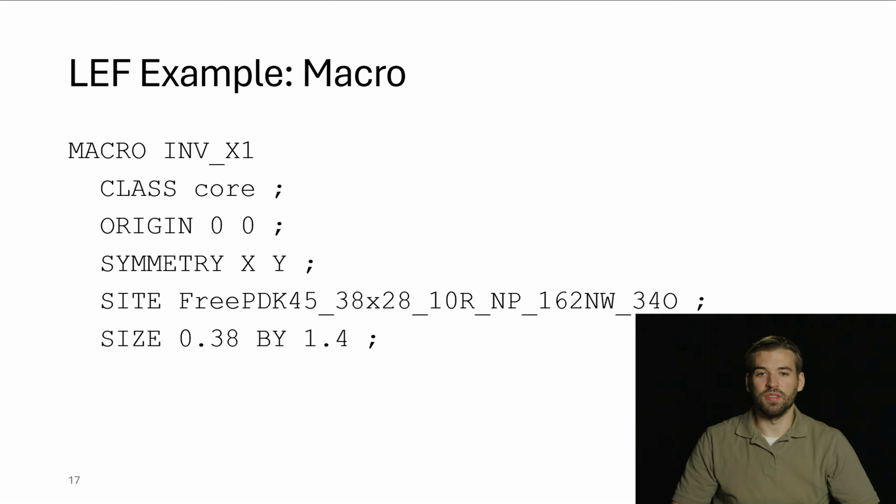There's also the cell site property, which I'll discuss a little bit more in the technology LEF. And then lastly, there's a size property, which is measured in x by y microns, or micrometers. So here, the cell size is going to be 0.38 microns by 1.4 microns. You can multiply them to get the area, which is not explicitly stored here, and the area would be 0.532 square microns.